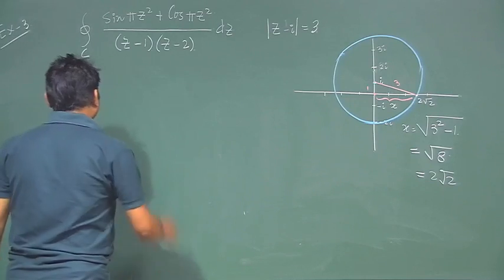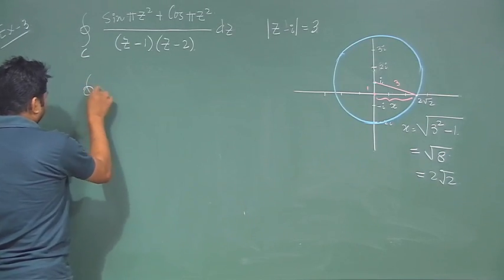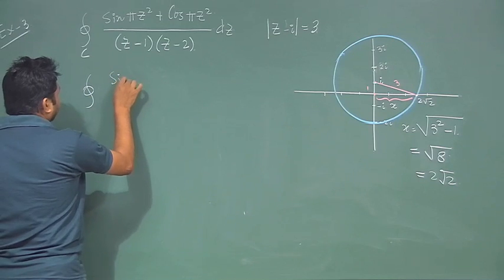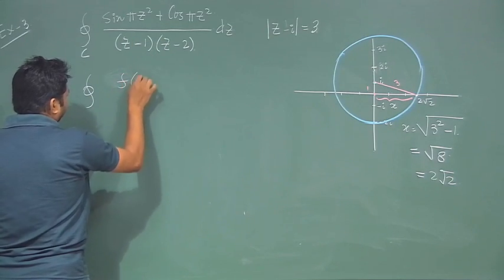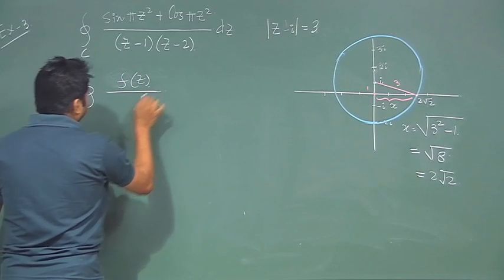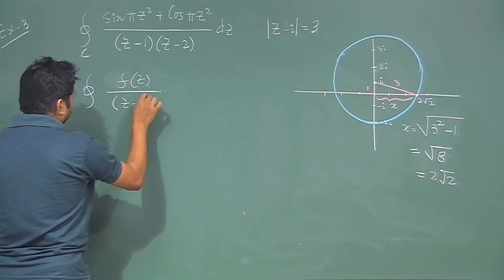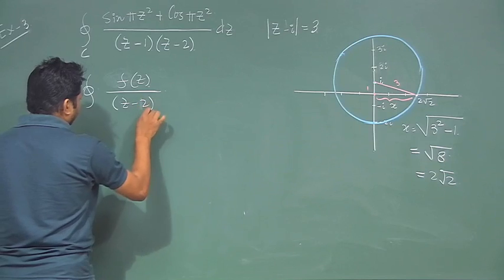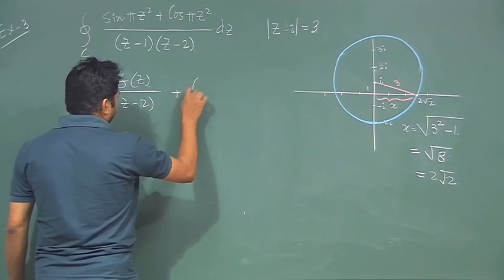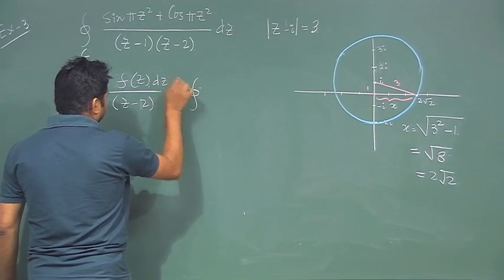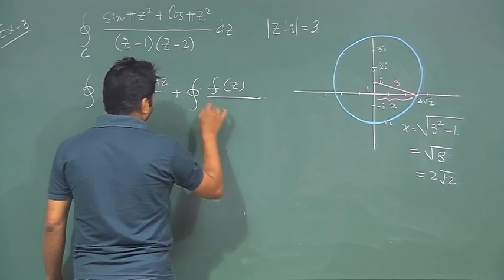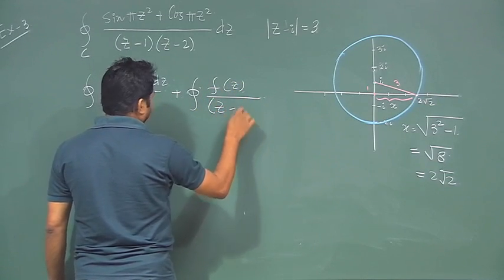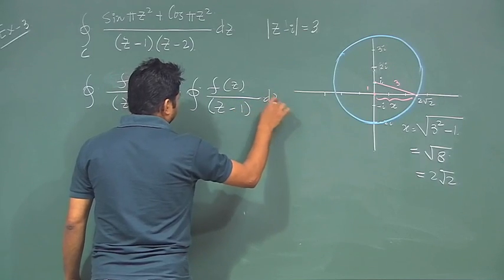Now, the rest part is straightforward. I will again use that previous method. I will just write this as a function: integration of f(z) divided by (z - 1)(z - 2) dz, which is integration of f(z) divided by (z - 2) dz plus integration of f(z) divided by (z - 1) dz.